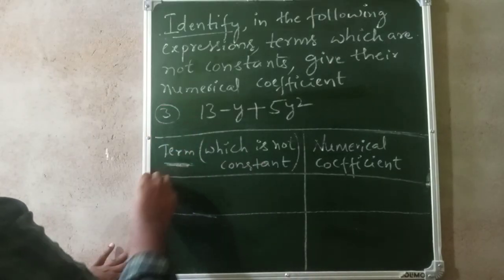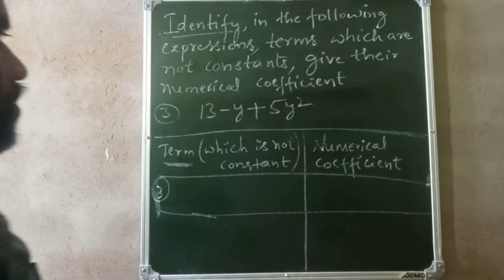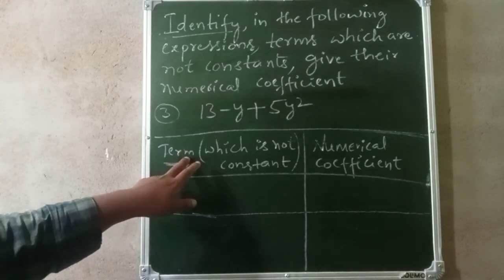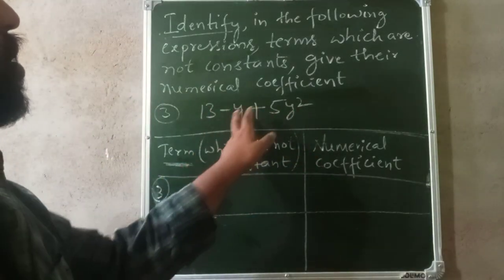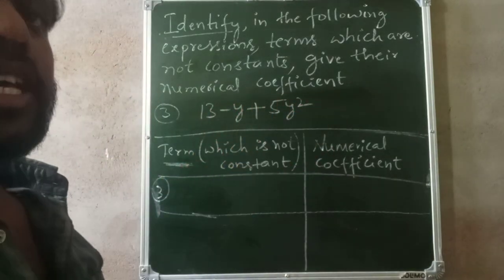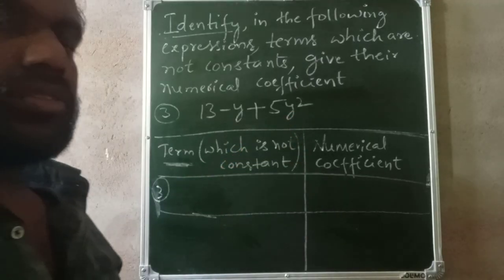So third one. Here we have to identify the term which is not constant. So this is the expression, an algebraic expression, because the variable y is present.